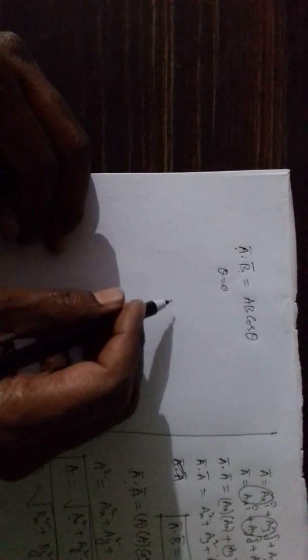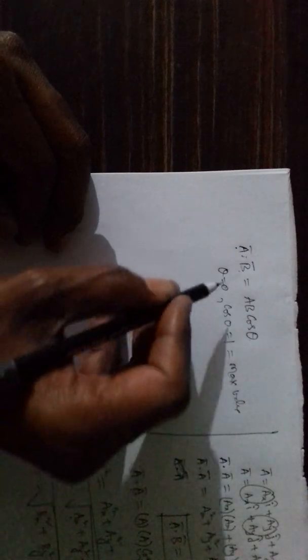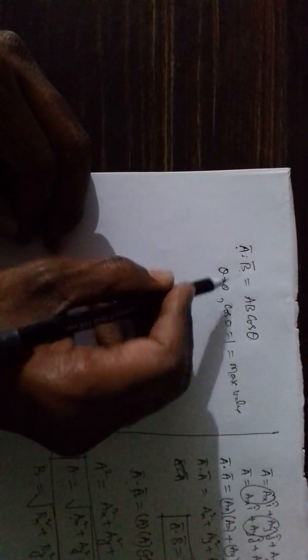If you give different values, for example theta is equal to 0, cos 0 is equal to 1, maximum value. Therefore, at theta is equal to 0, scalar product gives maximum value.